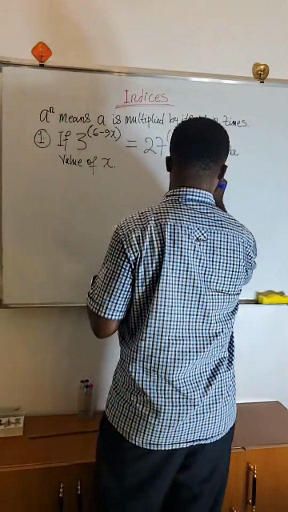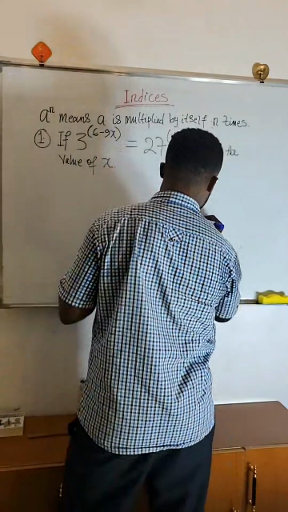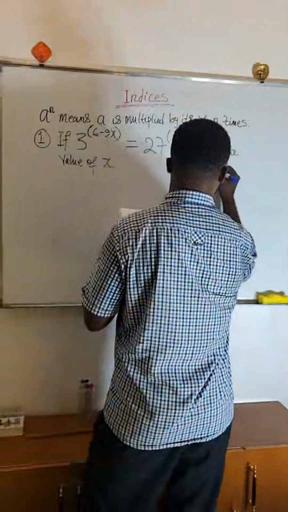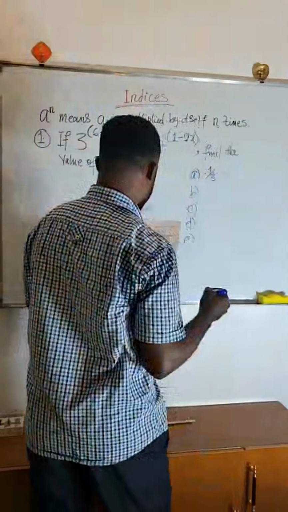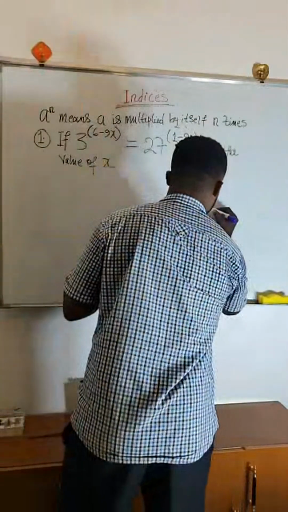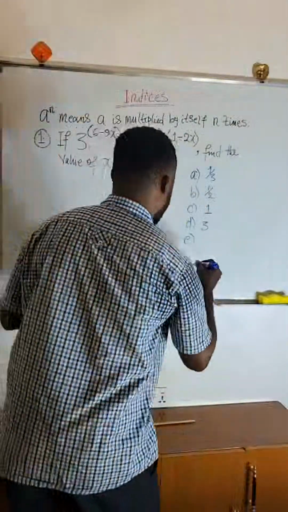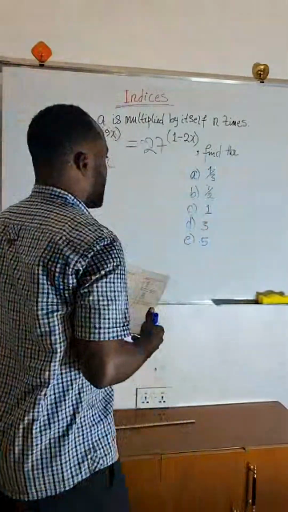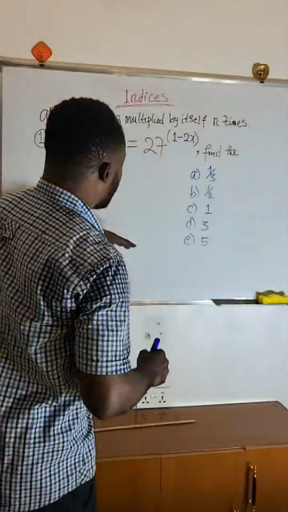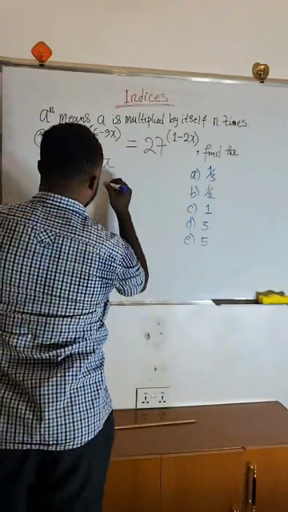You have options A, B, C, D, and then E. Option A is 1/3, option B is 1/2, option C is 1, option D is 3, option E is 5. So let's quickly solve this question to see which of these options is correct.